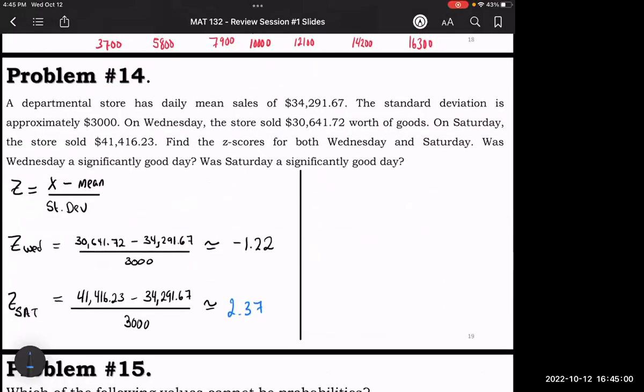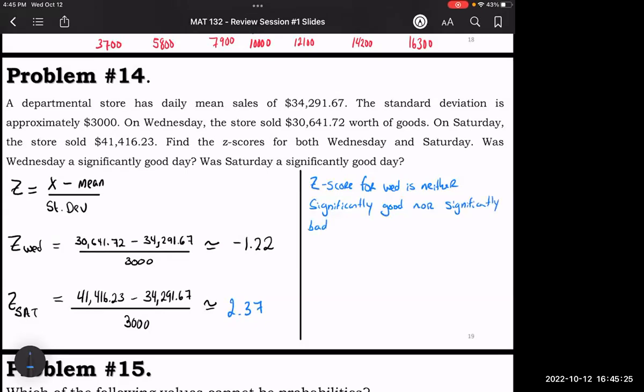So the z-score for Wednesday is neither significantly good nor significantly bad.